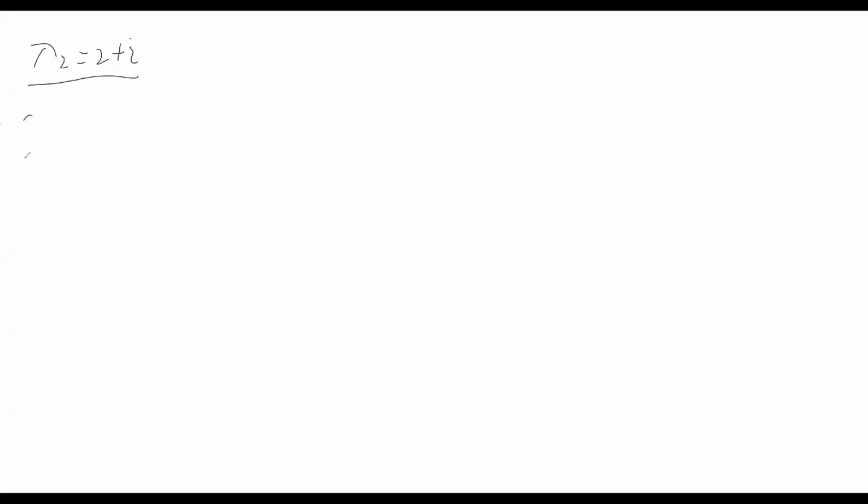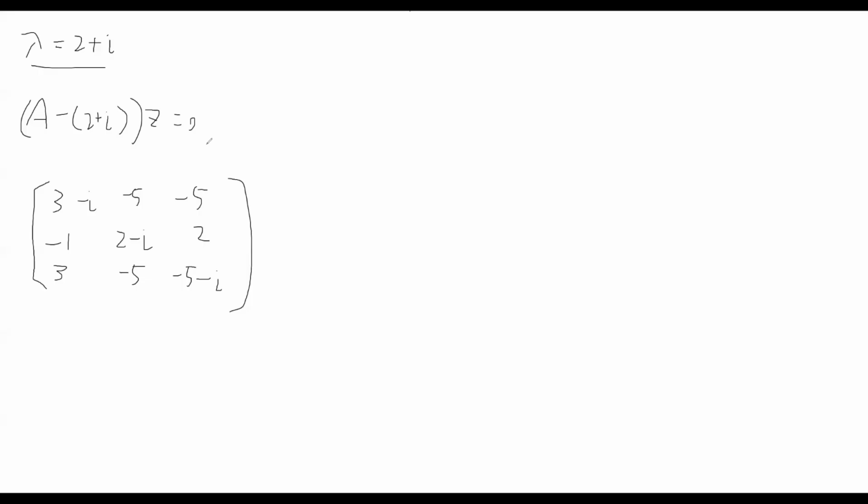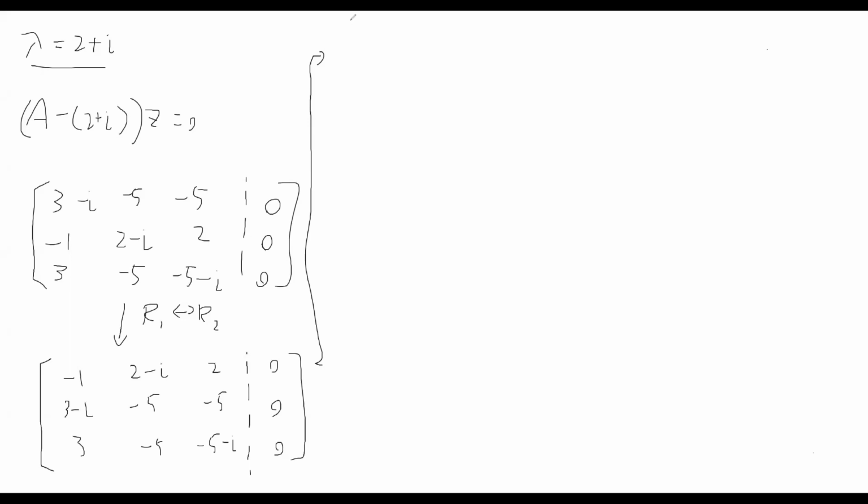A minus (2 plus i)I times u is equal to 0. All right, so we're going to start by exchanging row 1 and row 2 so that we get a negative 1 here, which will be easier to work with. And let's next multiply the first row by negative 1.